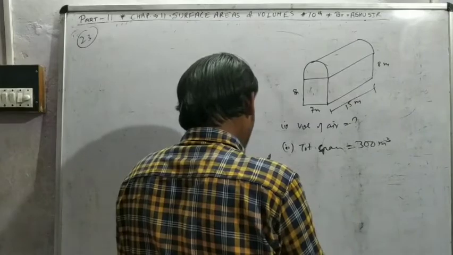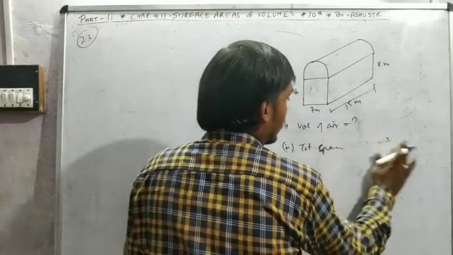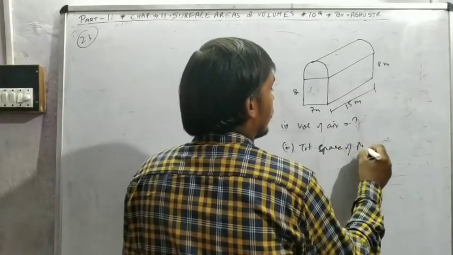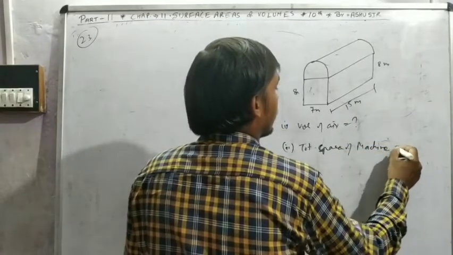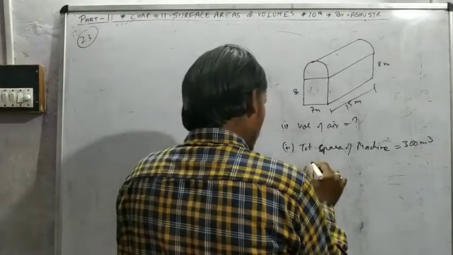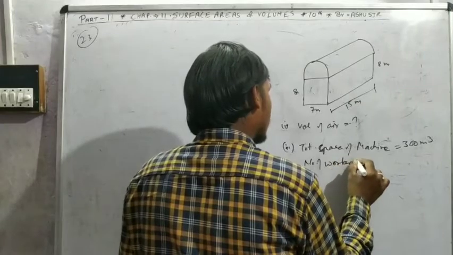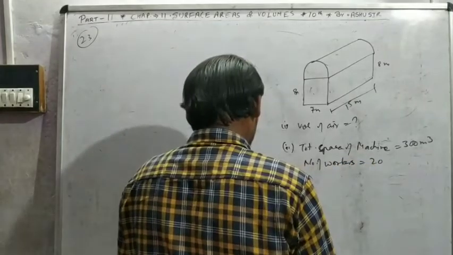Suppose the machinery in the shed occupies a total space. Total space of machine 300 meter cube. Number of workers 20.